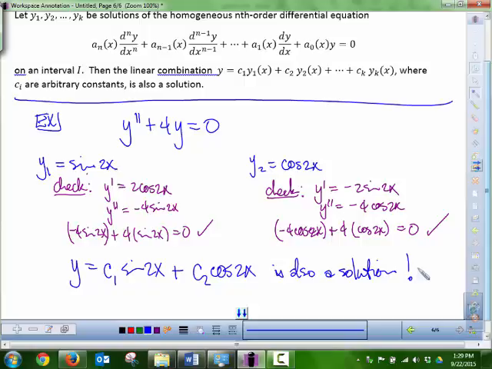I'm not going to do it because it was on your test and most of you got it right. You take the two derivatives of it and put it back into the differential equation, and you'll see that it actually works. So the first solution worked, the second solution worked, and so this is a general solution that should also work.